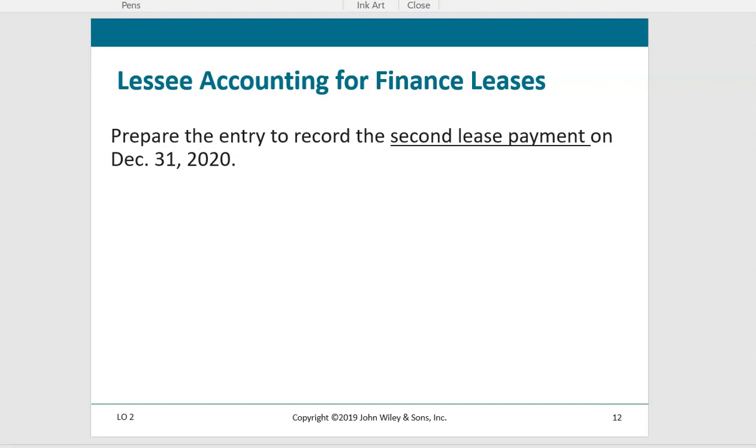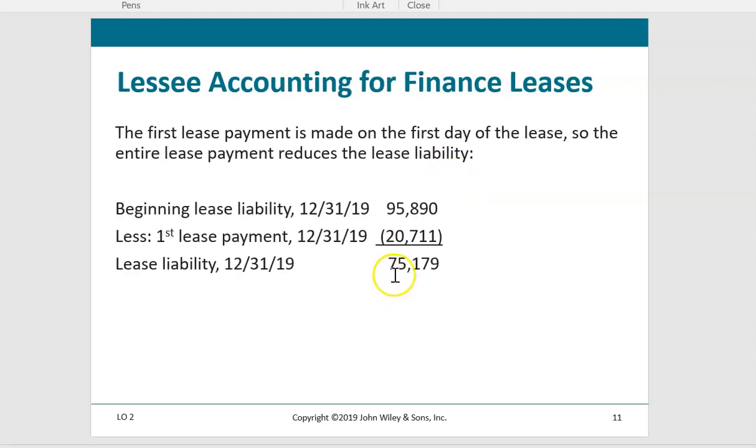So time goes on, then it's December 31st, 2020, and the company needs to record another journal entry. One full year has passed. The company now needs to record interest expense. The interest expense is equal to that lease liability of $75,179. Because think of it this way, it's kind of similar to the company having borrowed $75,179 on December 31st, 2019.